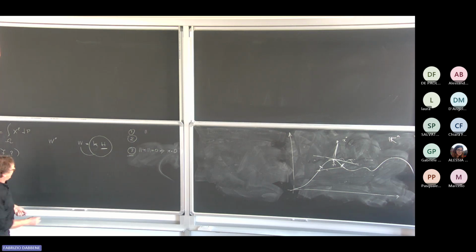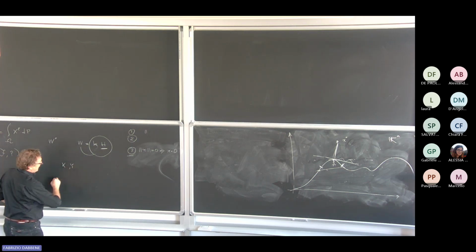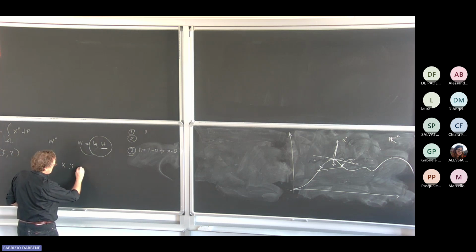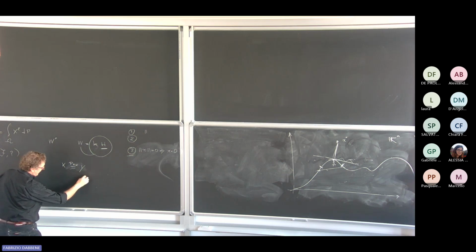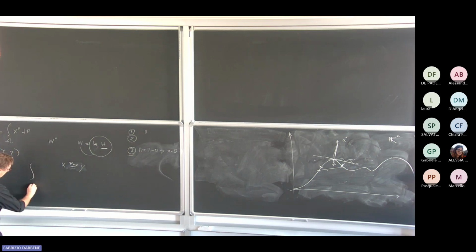Why? Because I can have x and y such that they are equal P almost everywhere. And this means that the integral of, say, the absolute value of x minus y, dP, is 0.